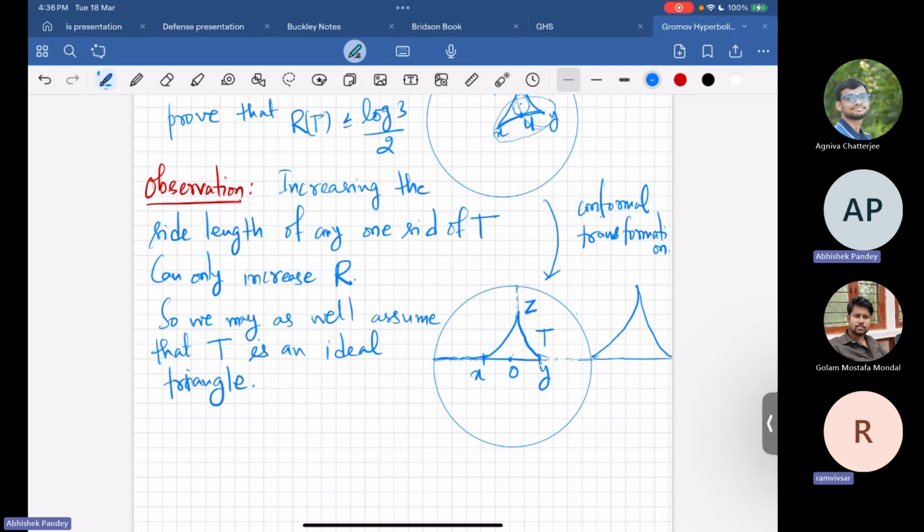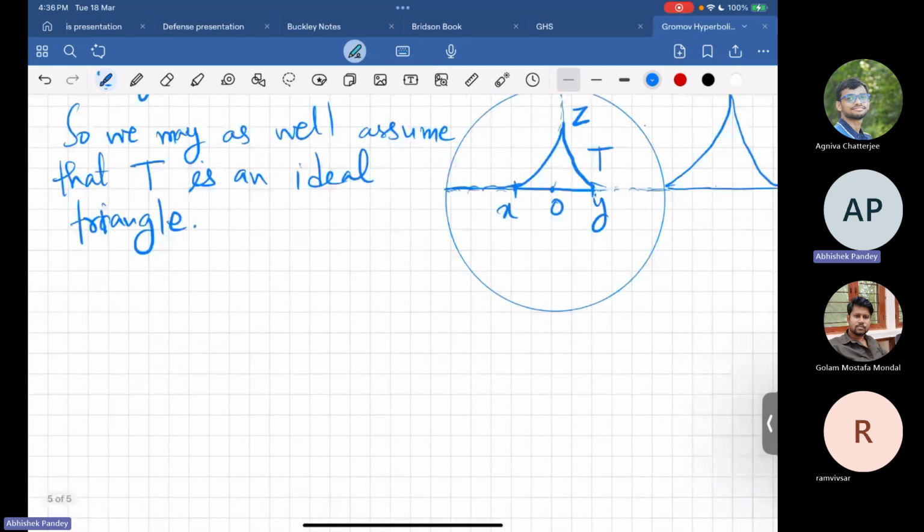So ideal triangle means we are extending the sides of the geodesic. An ideal triangle means it is going towards the boundary, so it has infinite length. What I mean is, let me write on another page.